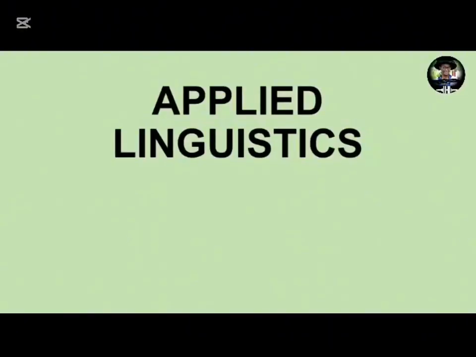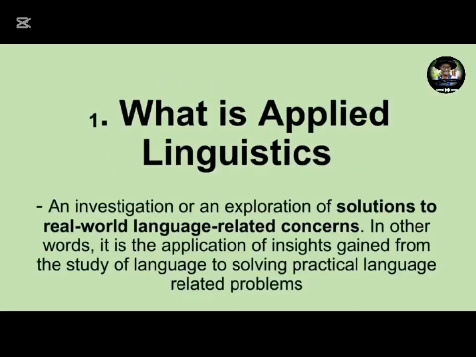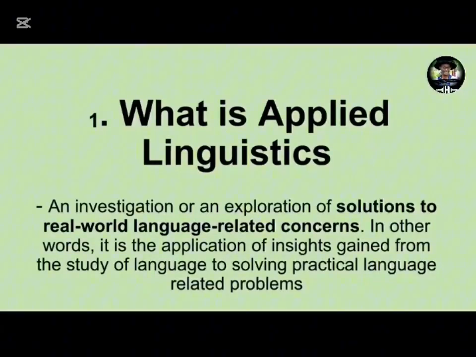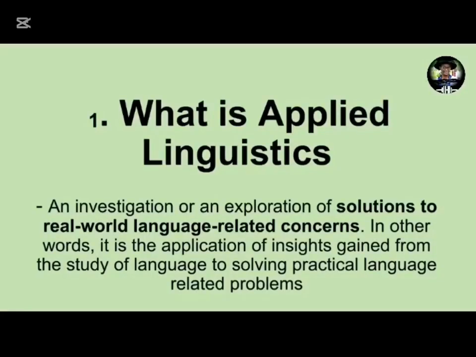Applied linguistics learning content. Number 1, what is applied linguistics? Here we're going to be defining what applied linguistics is, and it is an investigation or an exploration of solutions to real-world language-related concerns.